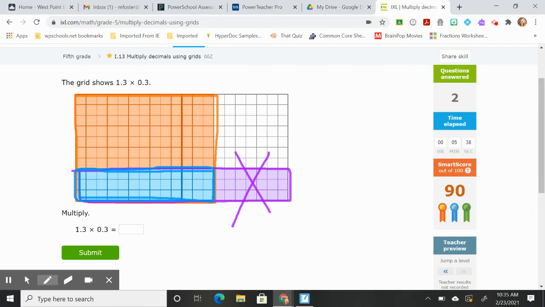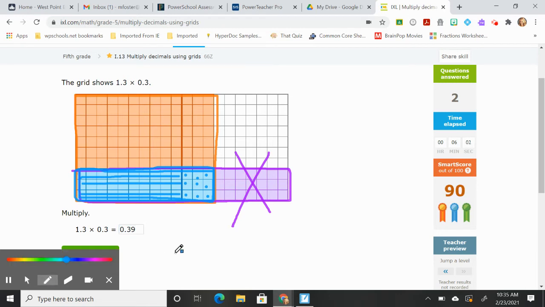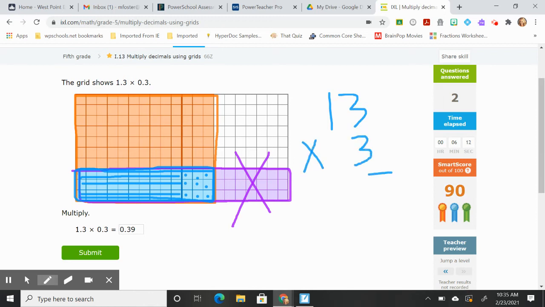Now, when you go to count this, you can say 10, 20, 30, 31, 32, 33, 34, 35, 36, 37, 38, 39 hundredths. 39 hundredths, or if you think about multiplying 13 times 3, or 1 3/10 times 3/10, that looks like this. 13 times 3 gives us 39.